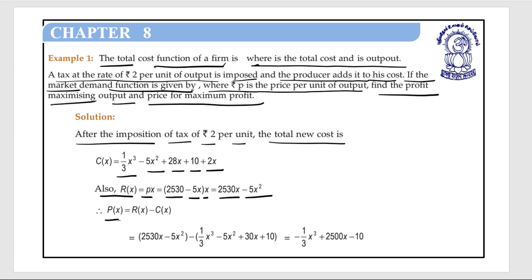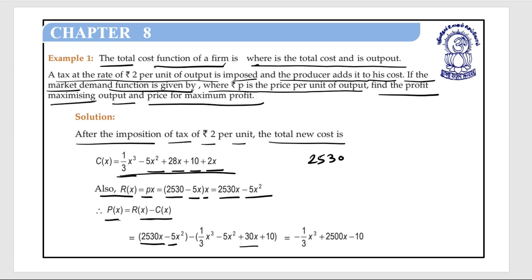P of x is equal to R of x minus C of x. R of x is 2530x minus 5x square, minus C of x, 1 by 3x cube minus 5x square plus 30x plus 10.